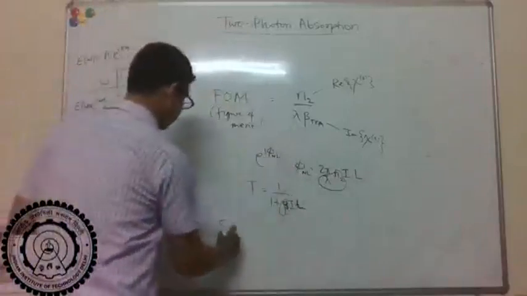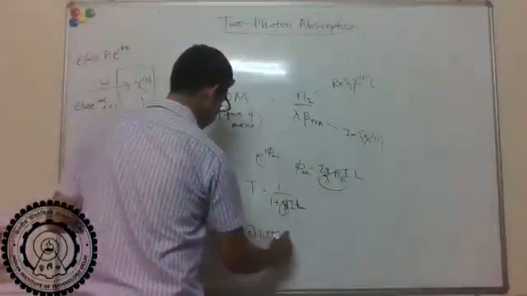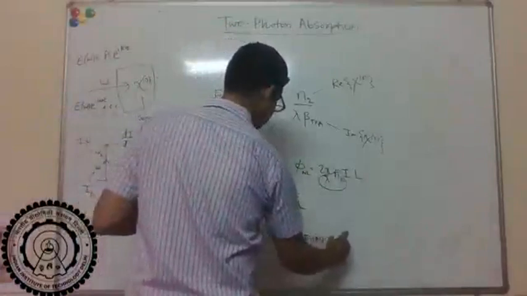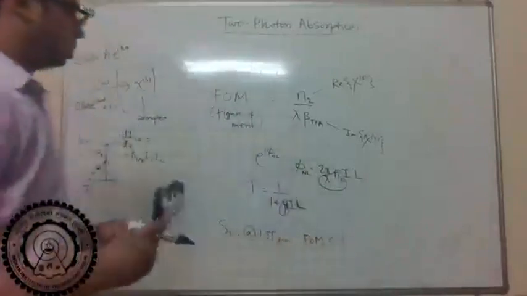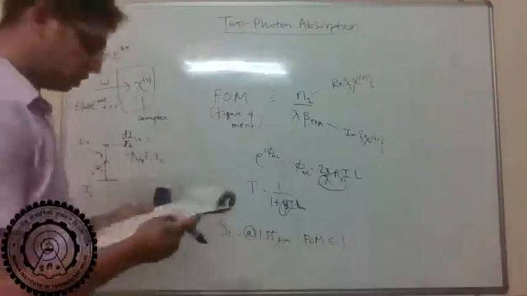For example, for silicon at telecom wavelengths, which are around 1.55 micron, this figure of merit is actually less than 1, which tells me that I have significant loss.